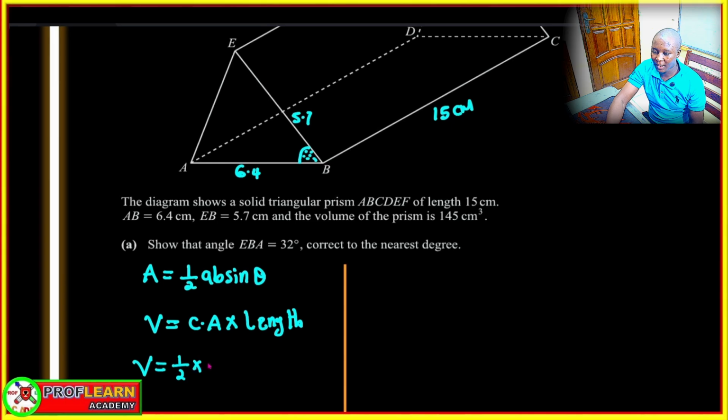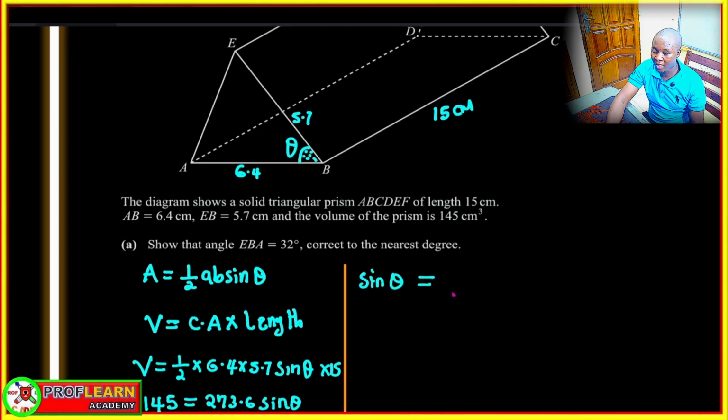You can say it's half times 6.4 times 5.7 times sine theta, yeah, then times the length, which is 15. But that volume was given as 145, remember? And then we can solve for sine theta.